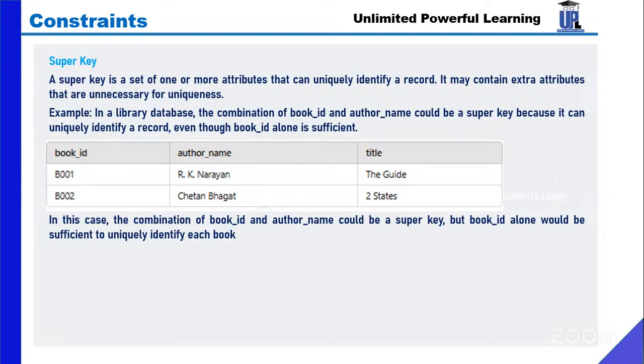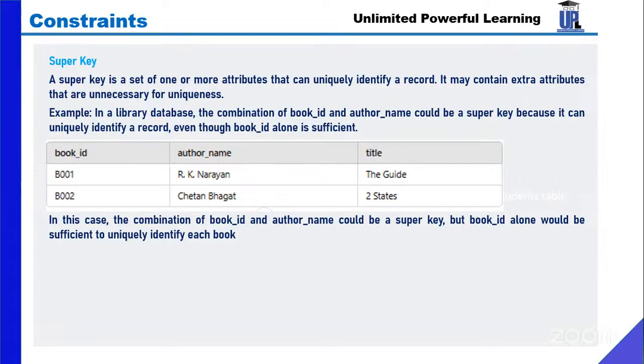No, see, usually we look for the primary key as a unique combination only. But here, based on the scenario, in the code we combine more than one column. Here you have taken book ID and also author name.